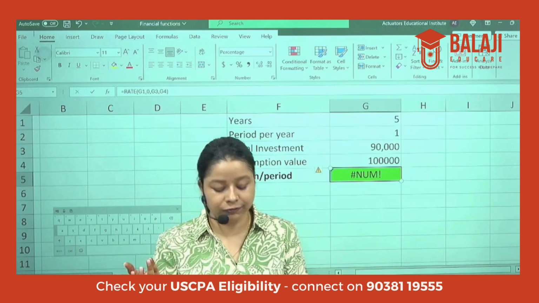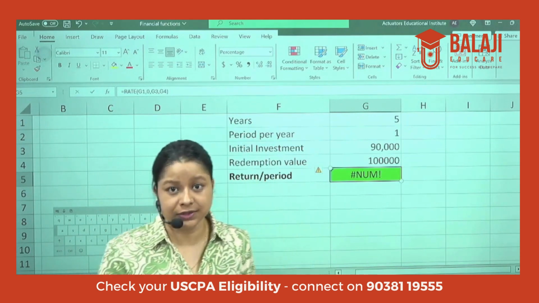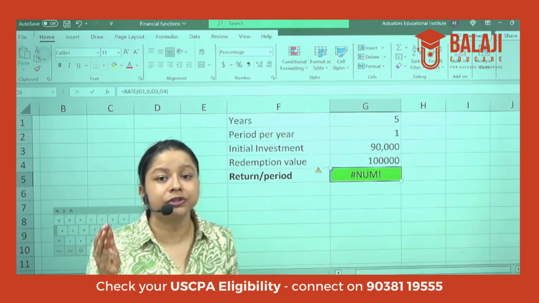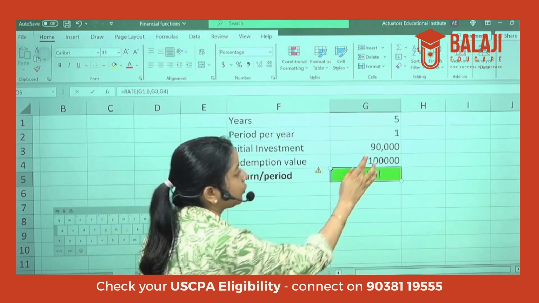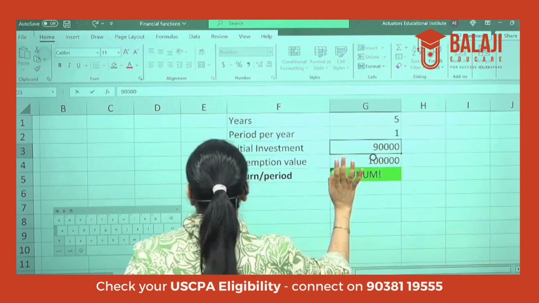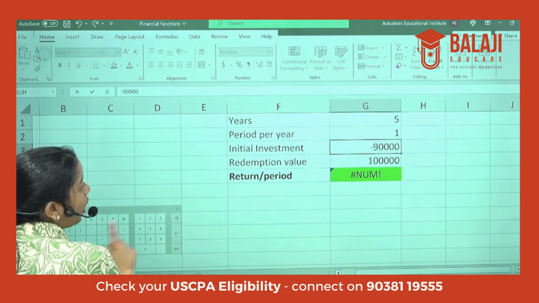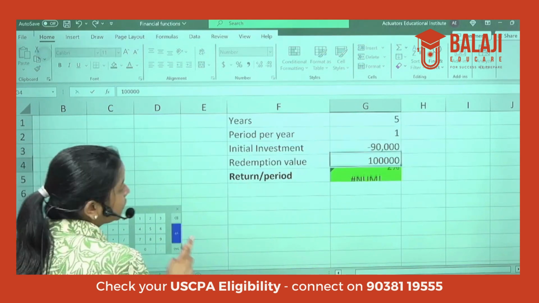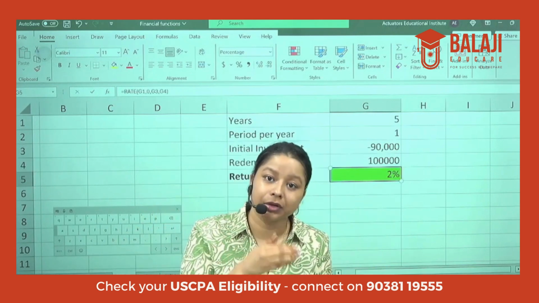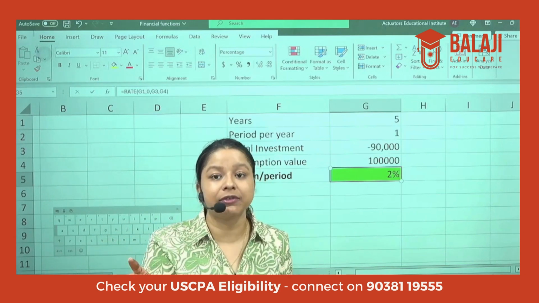For the financial functions, you need to very carefully consider the negative and positive signs. For outflows, make sure you write a negative sign, and for inflows, make sure it's a positive value. So we'll simply add a negative sign here to show that this is an outflow. I hit enter and you get 2%. Now this 2% is the per annum rate. It is not what you are receiving for the 5 years.